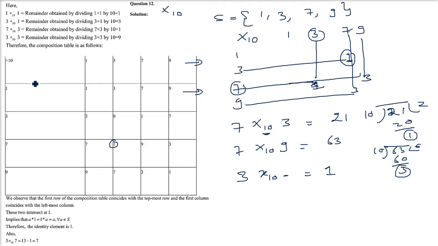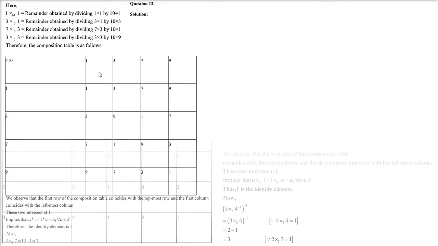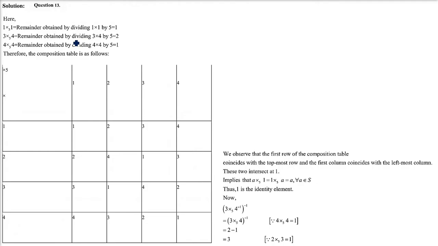The identity element is 1, as normally in multiplication. The first row and second row are the same, and the first column and second column are the same, because 1 is the identity. Now 3 is operated with a certain value so that you get 1. So 3 is operated with what value? From the first example I did, it will be 7. So 7 is the inverse. Question number 13.